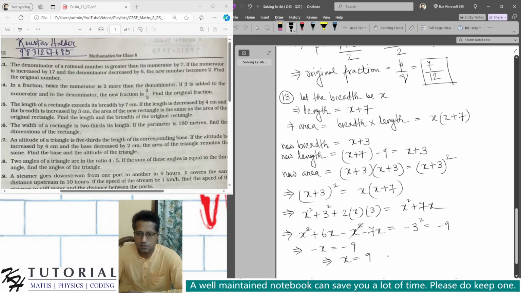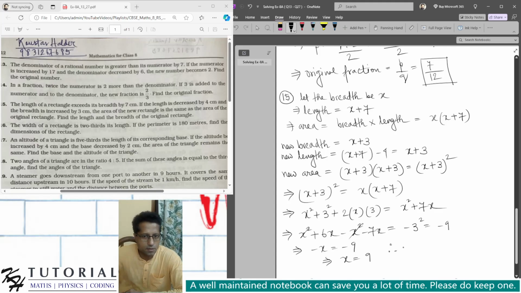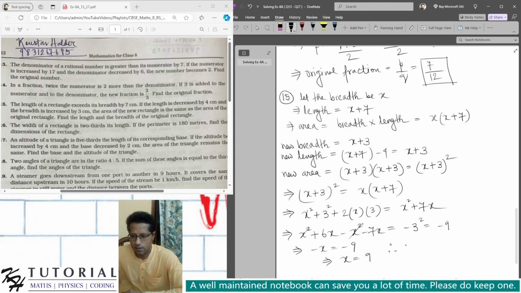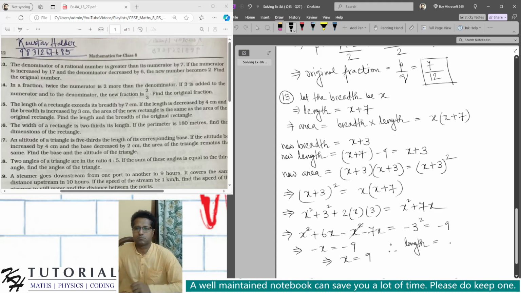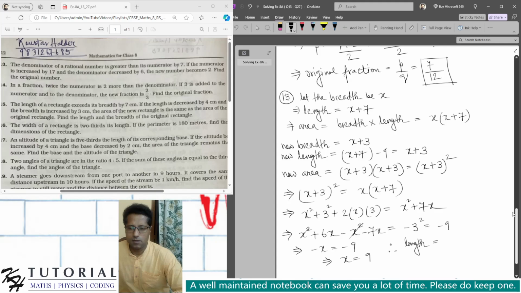So, the breadth is x. Therefore, it has asked to find the length and breadth of the original rectangle. Okay. So, length is equal to x plus 7, because the original breadth we assumed to be x, and the length was x plus 7 as per the given information.